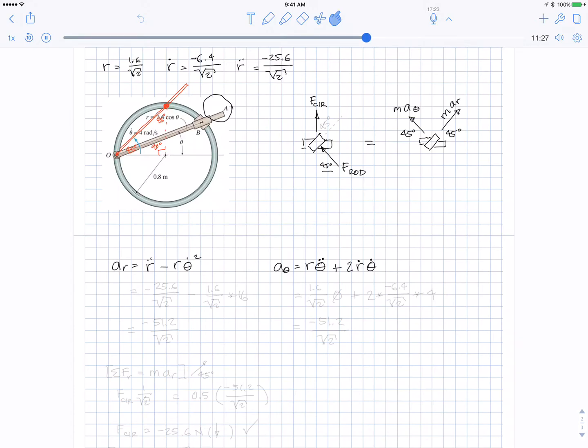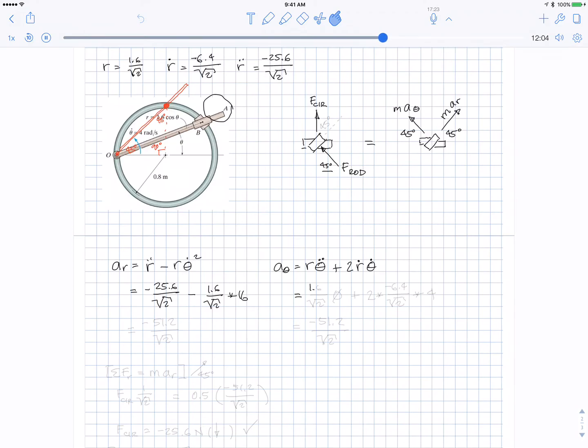Okay, so let's put that all in. So that's minus 20, there it is, 25.6 over square root 2, minus r, which was, because r dot was negative, r double dot was negative. r is 1.6 over square root of 2, and theta dot was 4, so theta dot squared is 16. I'll figure that out in a little bit.